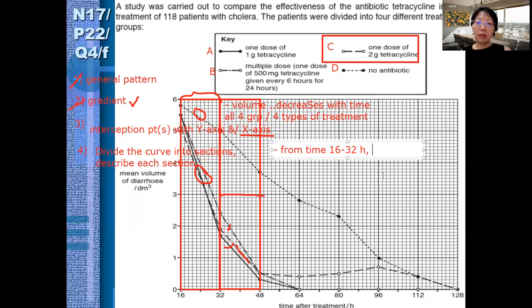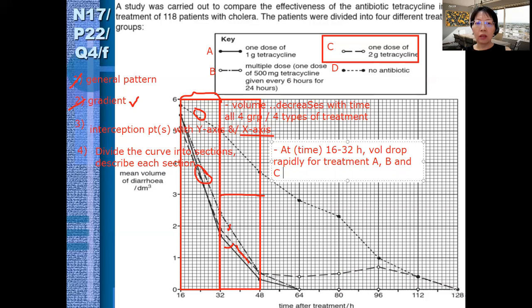So at the time, which is your X-axis, from 16 to 32 hours, the volume dropped rapidly for treatment A, B, and C, okay, not to 0, but slower for D. So this is comparing the gradient among the 4 groups.